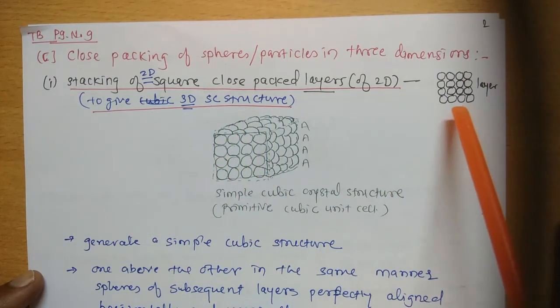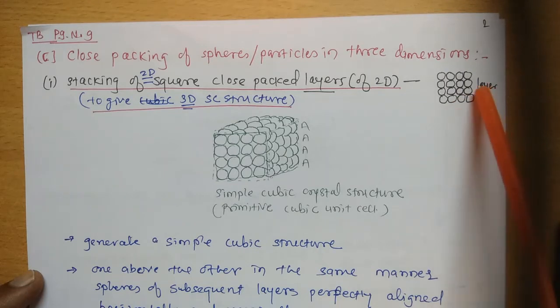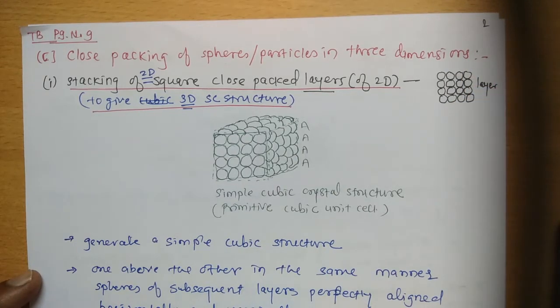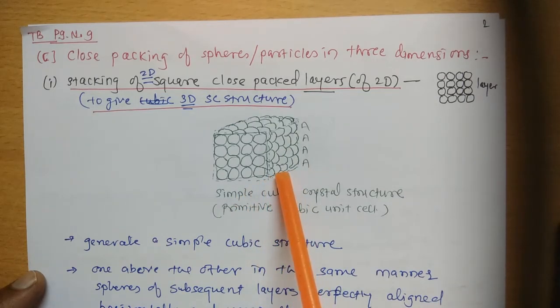If the layers are placed one above the other exactly, that means in order to align all the spheres in three dimensions vertically as well as horizontally, you can see the video here and get the idea.